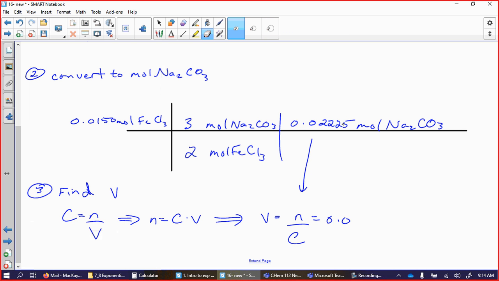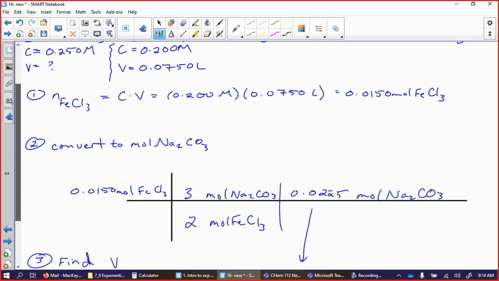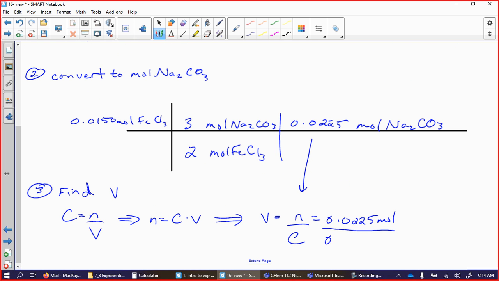0.0225 moles divided by 0.250 moles per liter.